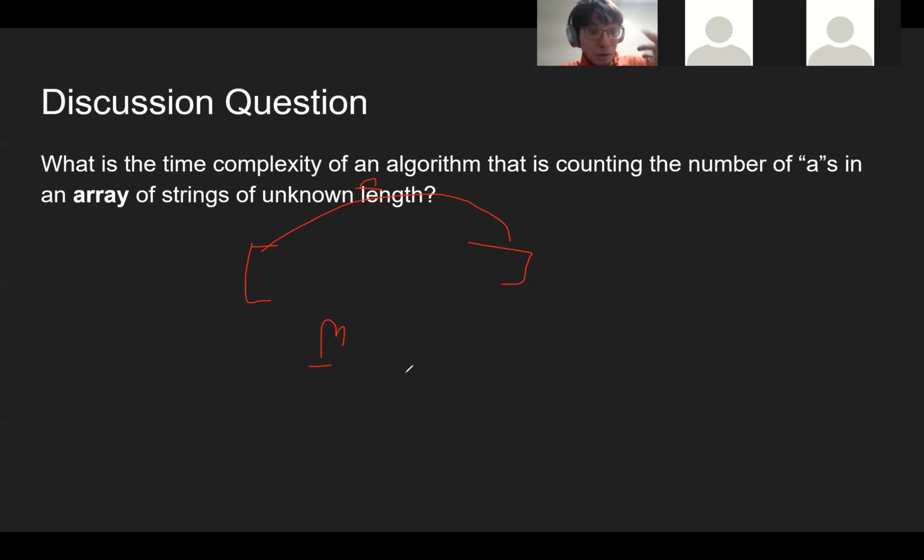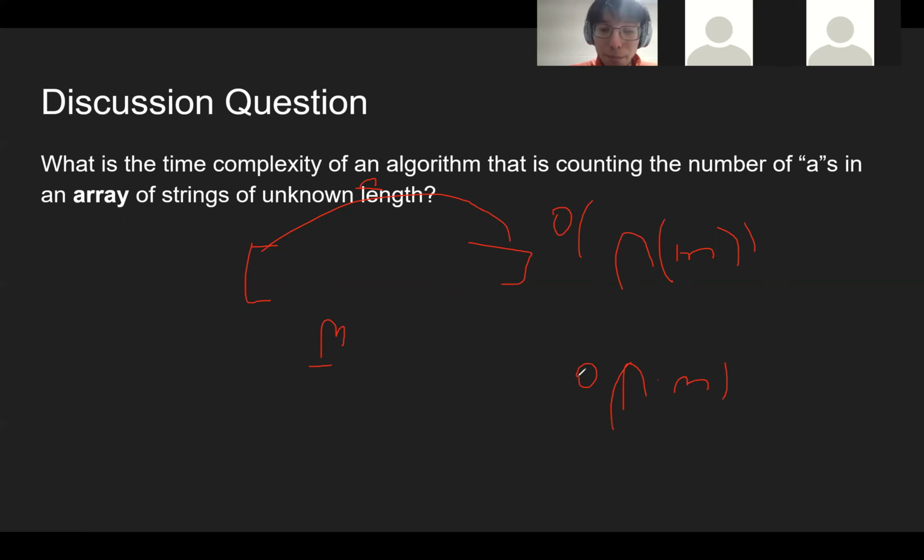Well, in order to find the number of A's, I have to go through every string, of which there are n. So n strings times the length of each string. Well, the length of each string is upper bounded by m. And for big O notation, that's perfect, we just want the upper bound. So it's big O of n times m, so O of nm is basically what we're going to wind up with.